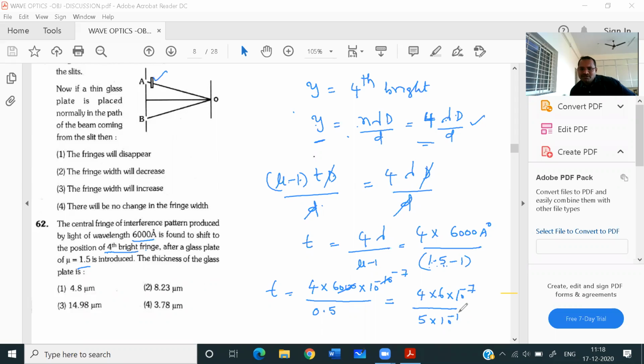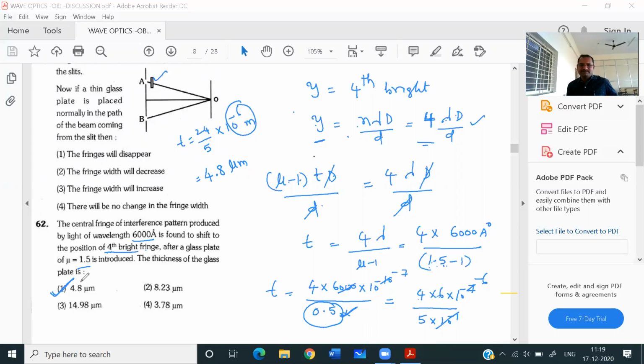So 10 to the power of minus 1 cancels, and you will get minus 6. 6 into 4 is 24, so the value will be 24 upon 5 into 10 to the power of minus 6 meters, which is micrometers. 24 divided by 5 is 4.8 micrometer. Perfect, option 1. Previously I had written 0.2 by mistake; it is 0.5. So the answer is 4.8 micrometer.